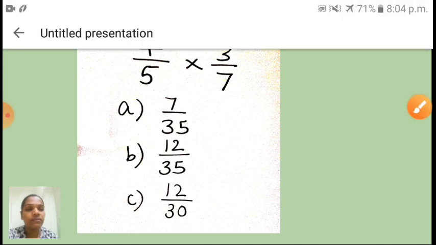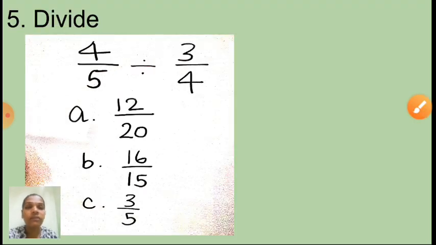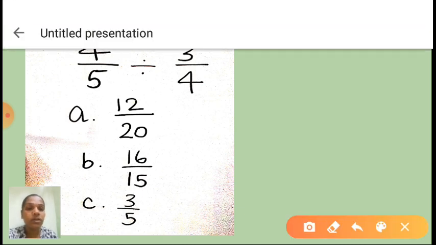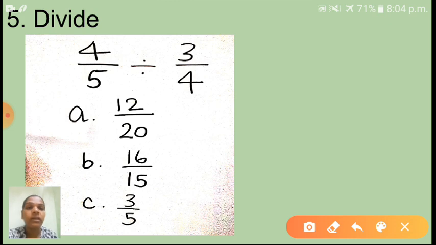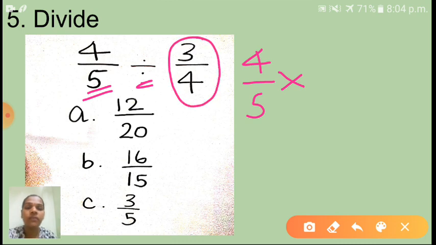Fifth question is divide. See here, 4 upon 5 is divided by 3 upon 4. So what I told, if you want to divide one number by a fraction, what do you have to do children? This number, you have to multiply with the reciprocal of this fraction, or multiplicative inverse.